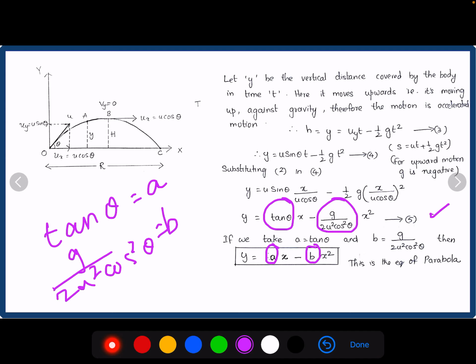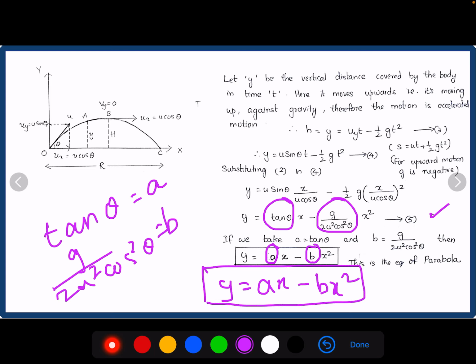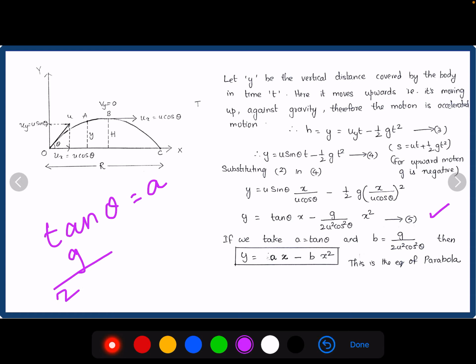Then we get the equation y is equal to ax minus bx square. This is nothing but the equation of a parabola. Therefore, we have finally proved that the path taken by the projectile is a parabola.